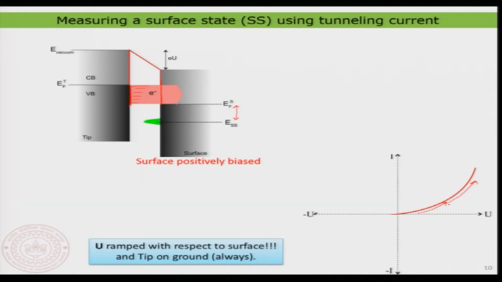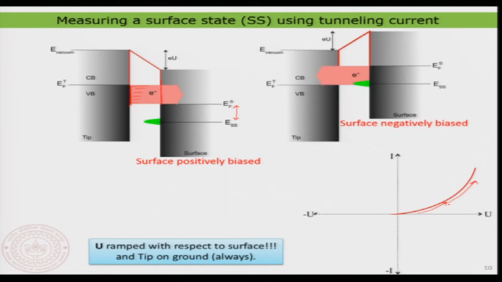So, nothing interesting on that side. But now something quite interesting happens when you reverse the bias. If you reverse the bias to negative bias, the sample now has a negative bias, so the Fermi level of the surface or the sample is higher. Now, the electrons are tunneling in this direction.